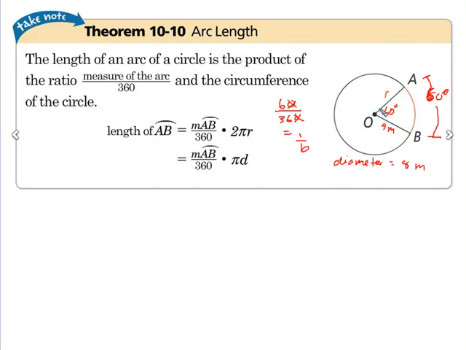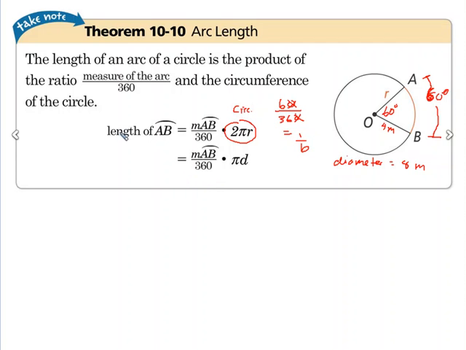Another way I like to think of it is to rearrange this equation a little bit. They've got it written as the length of the arc AB is the measurement of AB in degrees, so that would be my 60 degrees, divided by 360, times the circumference.